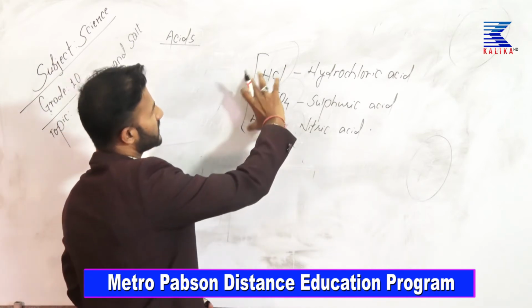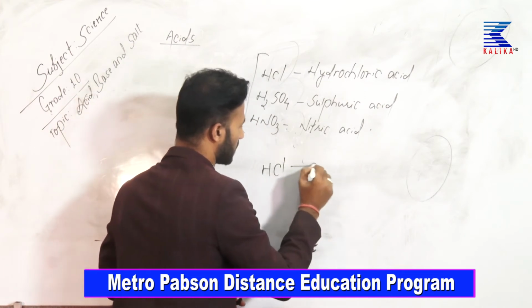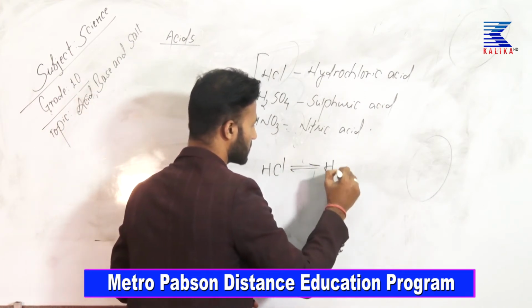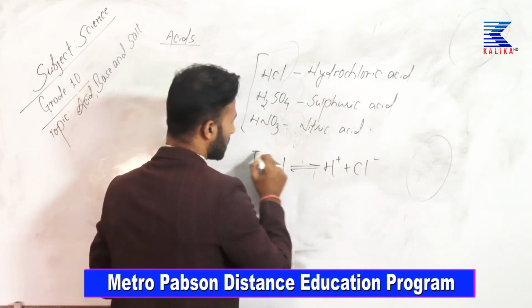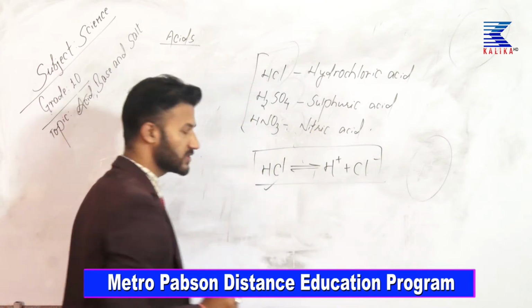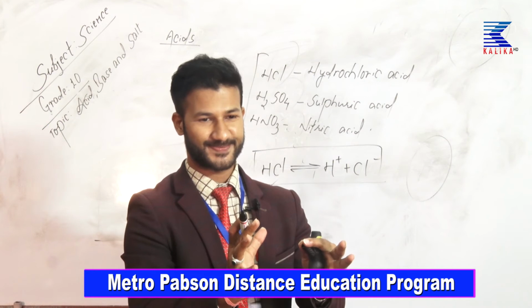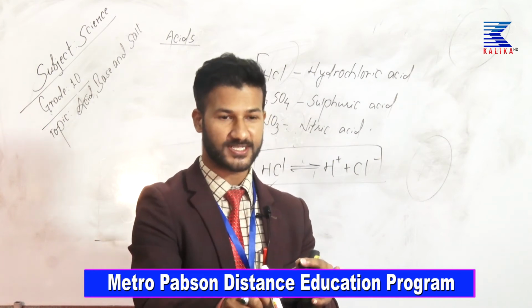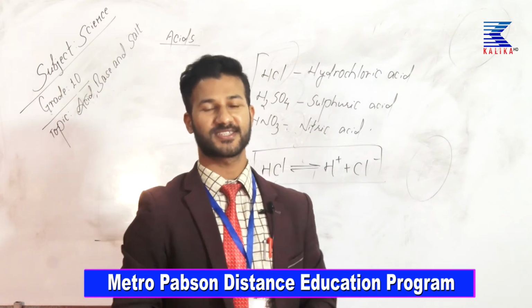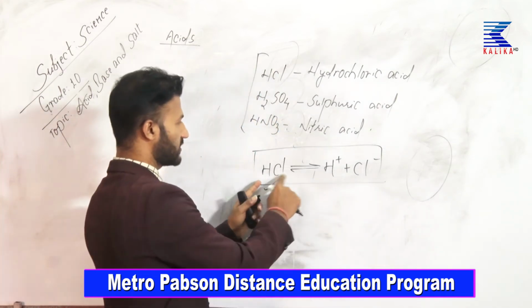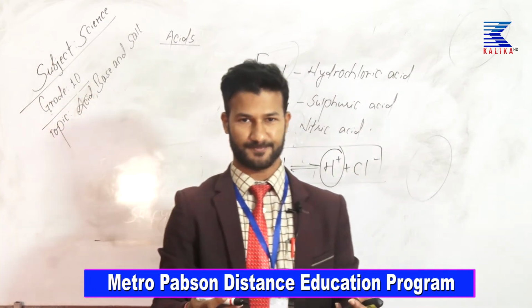So what happens actually when they are dissolved in water? See, when HCl is dissolved in water, it produces hydrogen ion. When hydrochloric acid is dissolved in water, all the molecules that we have dissolved almost undergo ionization, means it breaks down into two opposite ions and produces hydrogen ion in large concentration.